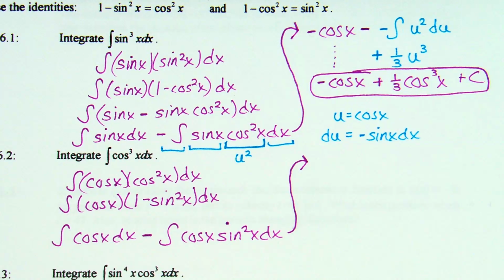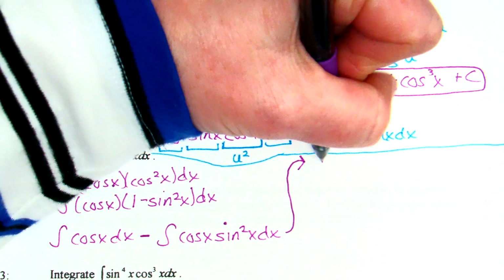So the integral of cosine x is sine x. Now, I already have a minus sign. So minus. And as you get better with these, you may or may not have to use the u substitution. Needless to say, the sine is what's raised to the second, right? So, in other words, that's going to be u squared.